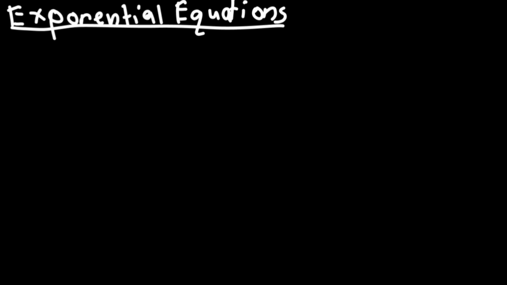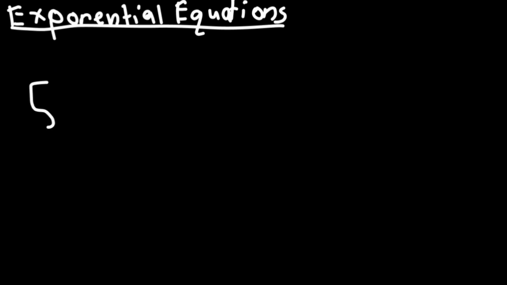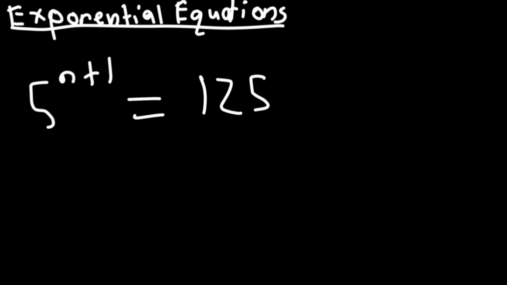Now let's look at some examples where n isn't by itself. So the following examples I'm going to show you is basically where n is being added with a number or being multiplied. So if I have, for example, 5 to the power of n plus 1 is equal to 125.